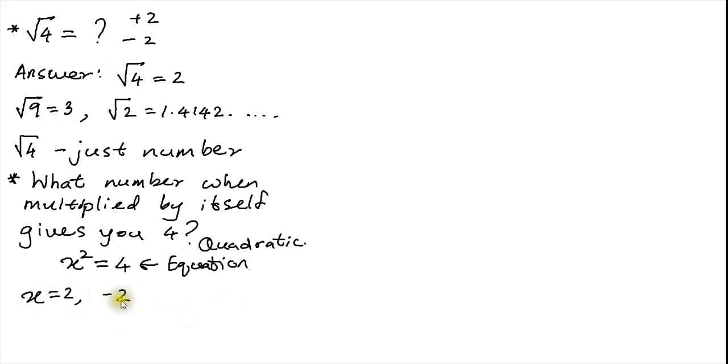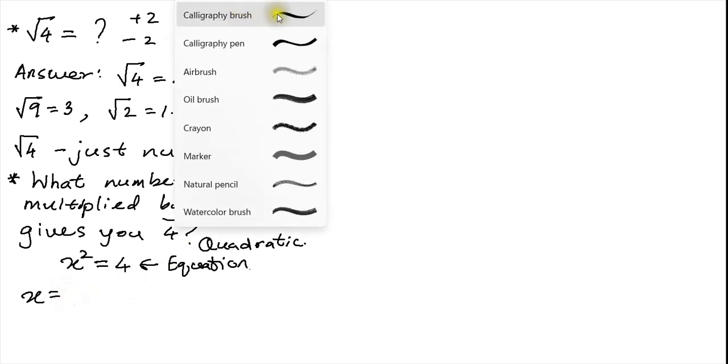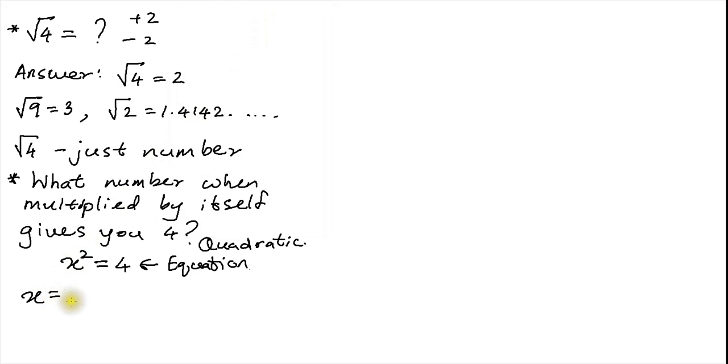Let me write it in a better form: positive square root of 4 or negative square root of 4. So you need to specify that the square root of 4 itself is positive 2, and when you put a negative sign in front, you get negative 2.